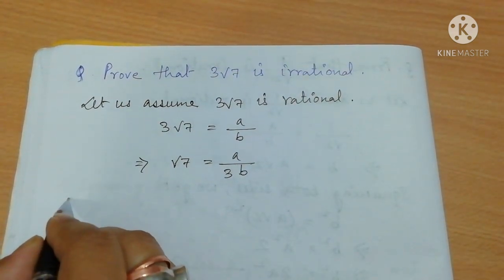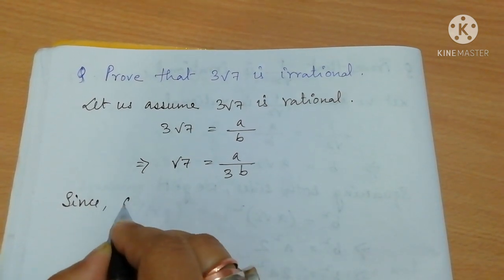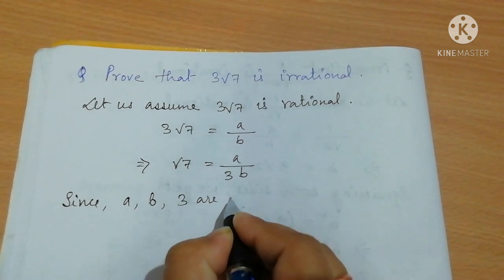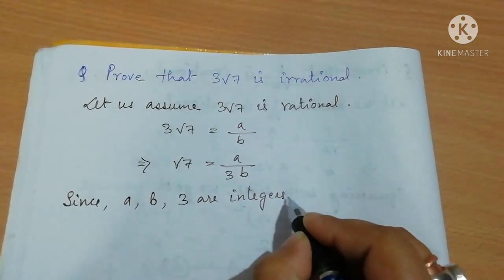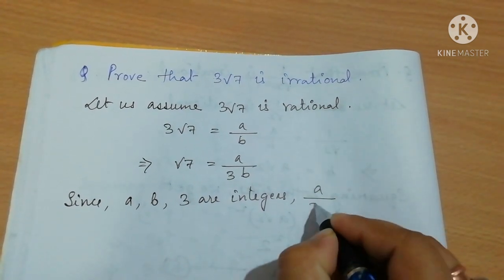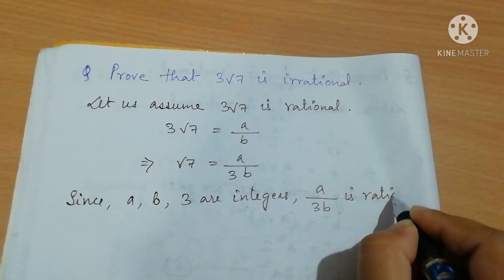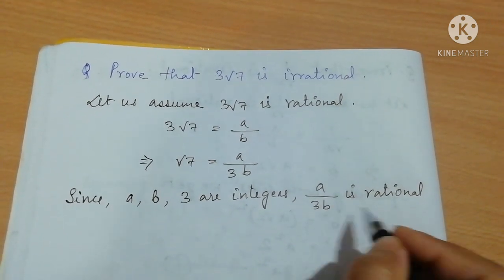Since we know that a, b and 3 are integers, right? And a by 3b is rational because they have a common factor of 1.